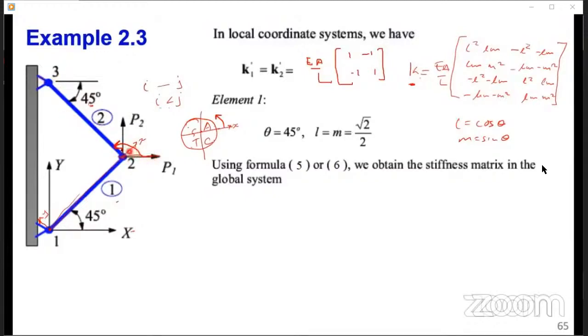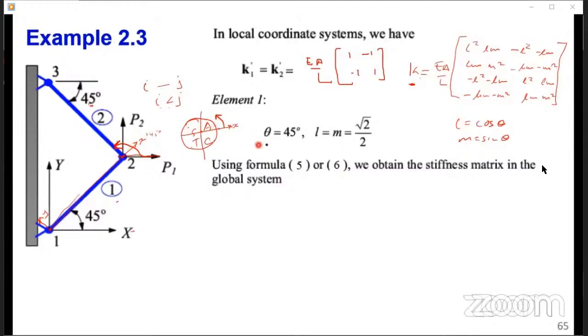So this being 45, this is 45, this is 90, this is 135. So theta 2 is 135 degrees. Always note that. Otherwise, if you read the opposite, you may get the same values, but the sign may change if you don't follow that procedure.